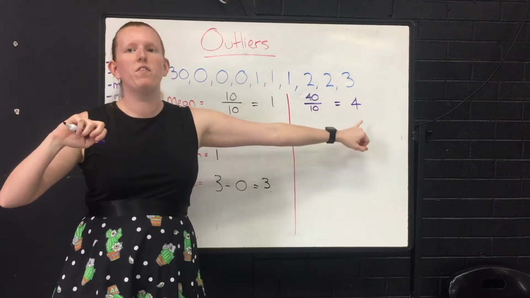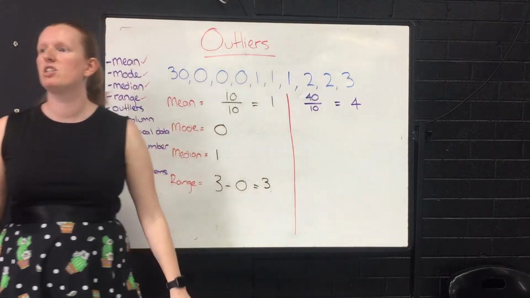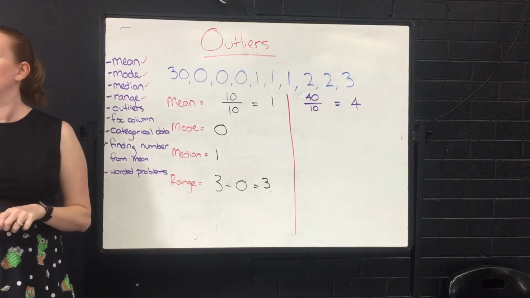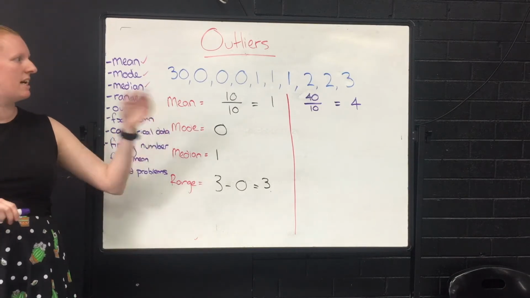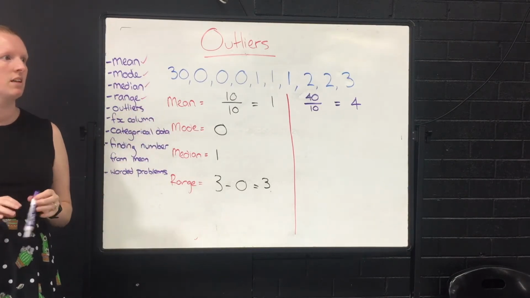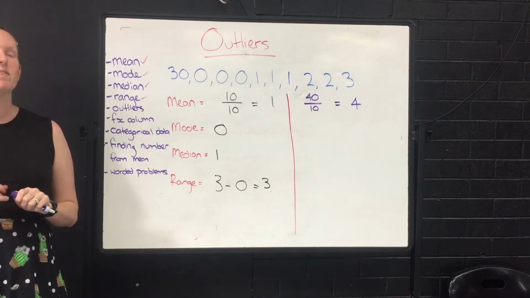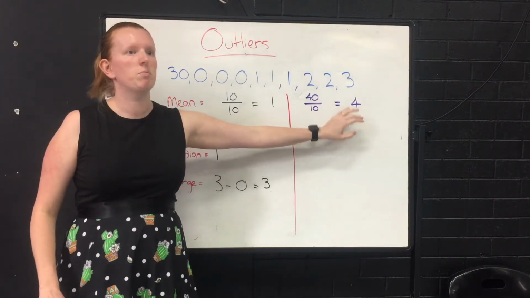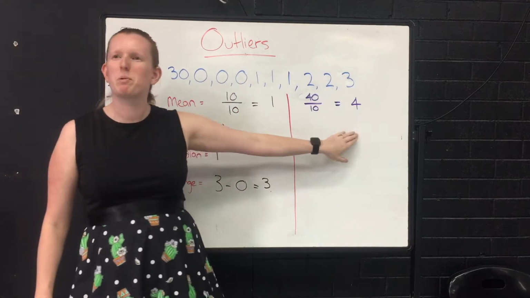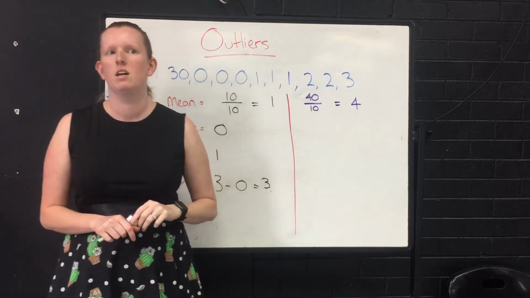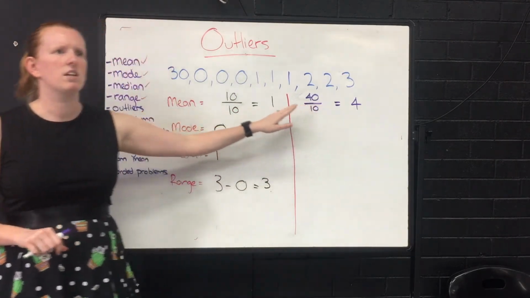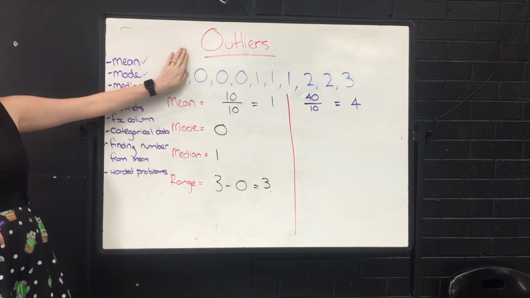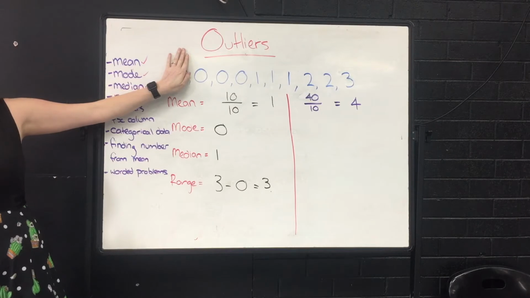Do you feel that 4 is a fair representation of the average person? Do you think that's a fair representation of this data? I'm going to say that again for anyone not listening. If I said to you, based on this, the average person has 4 pets, do you feel that's true? No, because besides this 30, none of them have 4 pets.